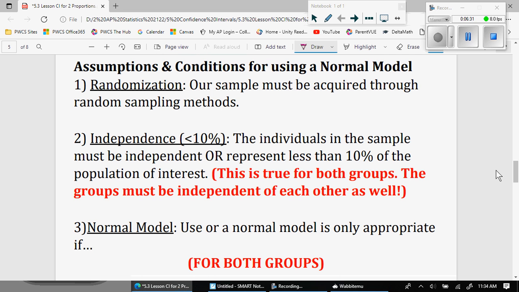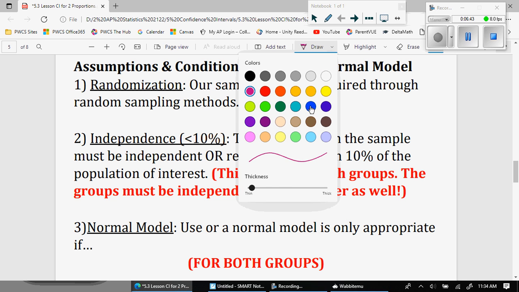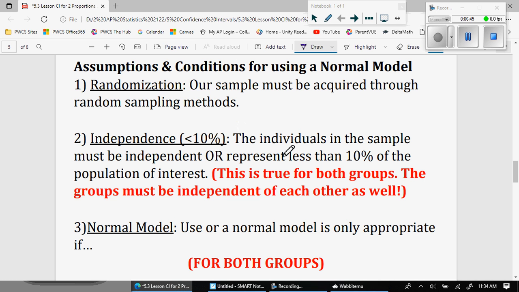So we're going to answer a question using this information, but of course we have to make sure that we meet assumptions and conditions. Our sample needs to be randomly selected. In this problem, and I'm actually going to do it right here on the sheet this time, they do say they used random sampling methods.